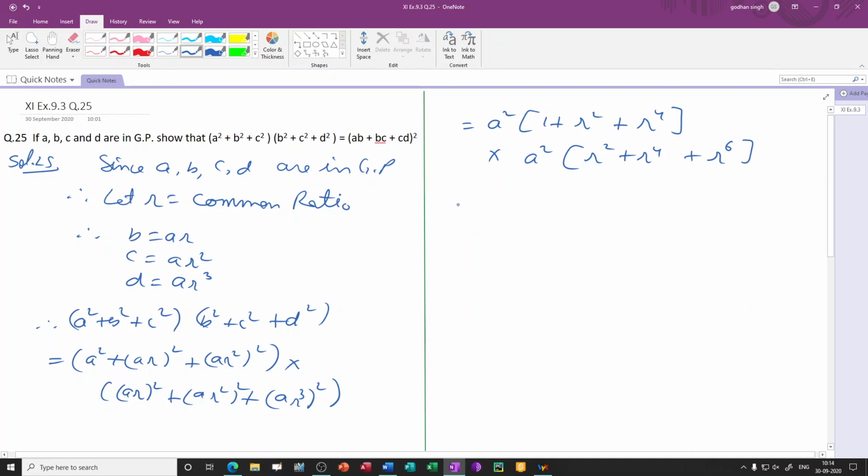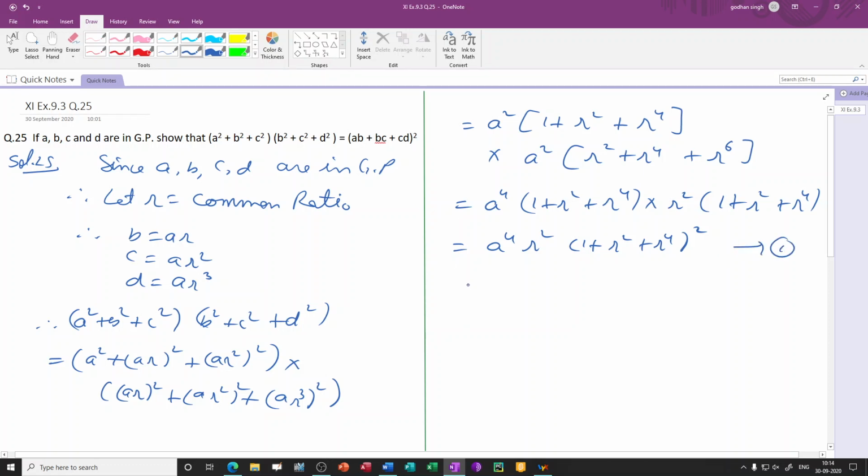We can simplify this as A raised to 4 times (1 plus R square plus R raised to 4) multiplied by R square (1 plus R square plus R raised to 4). This gives A raised to 4 into R square into (1 plus R square plus R raised to 4) whole square. Let this be 1.